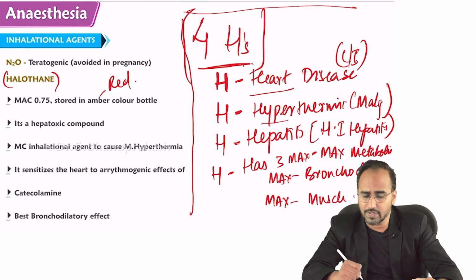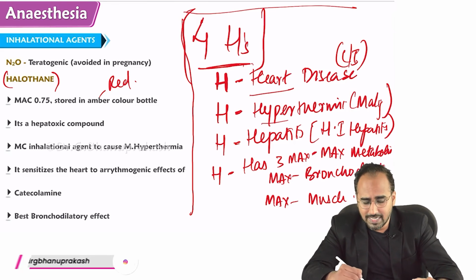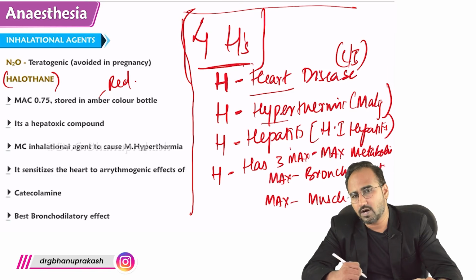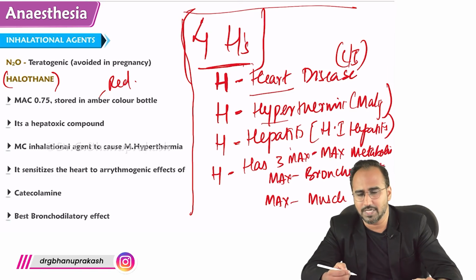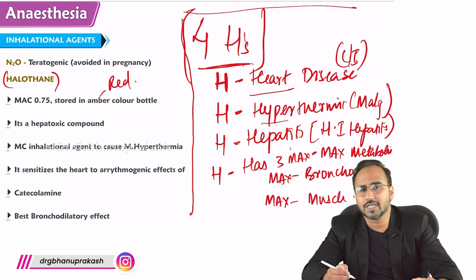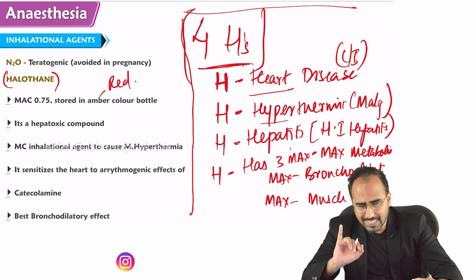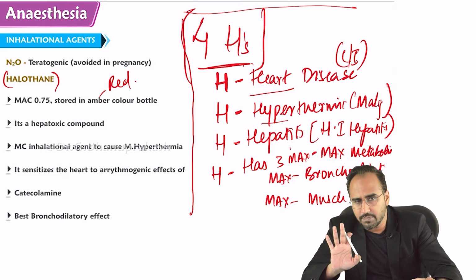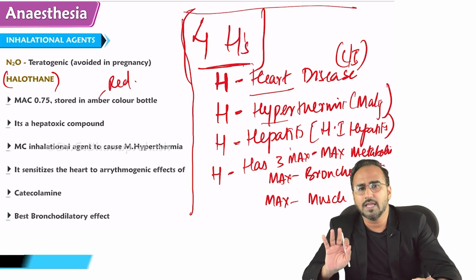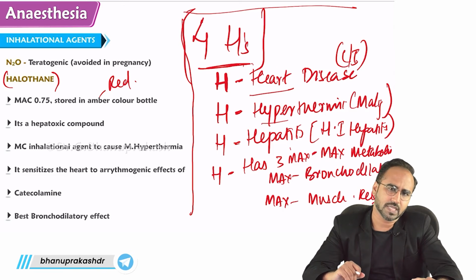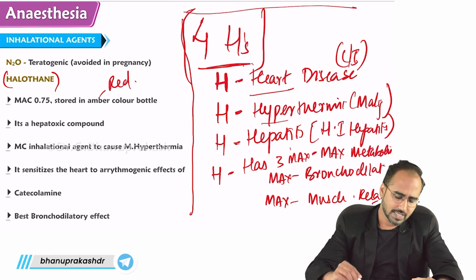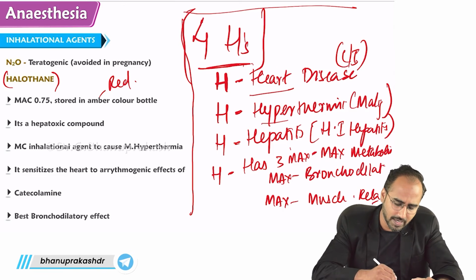The third H, hepatitis on repeated use in the same patient. Last, halothane has 3 maximums: maximum muscle relaxation, maximum bronchodilation, and maximum metabolism in the liver. That's the summary of halothane.